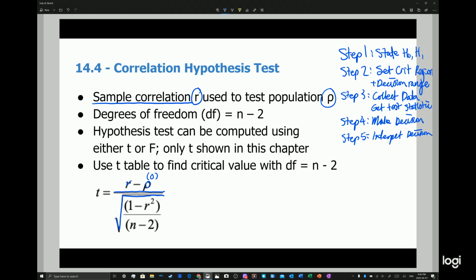Okay, so the formula is there in concept, and you can use T or F for this, and we only show T for this chapter because we're working with two variables, and we're only doing the correlation of two variables, we don't need to use ANOVA to avoid experiment-wise alpha going up as we add more pairwise comparisons.